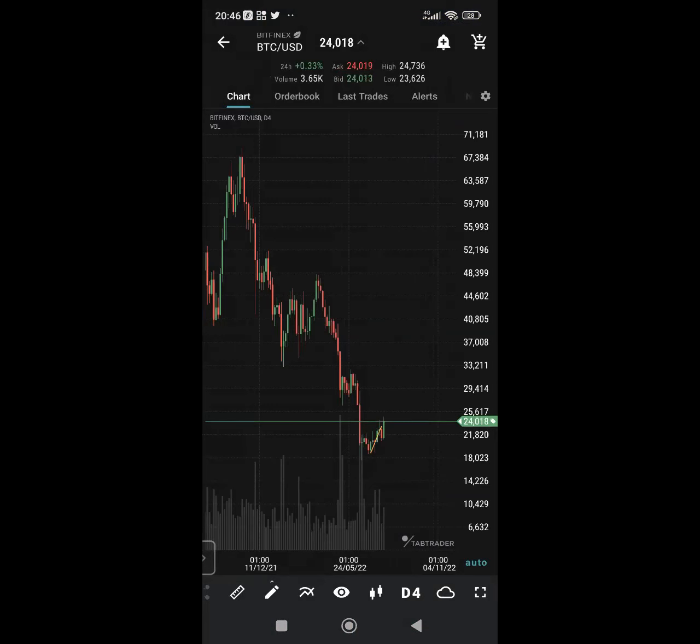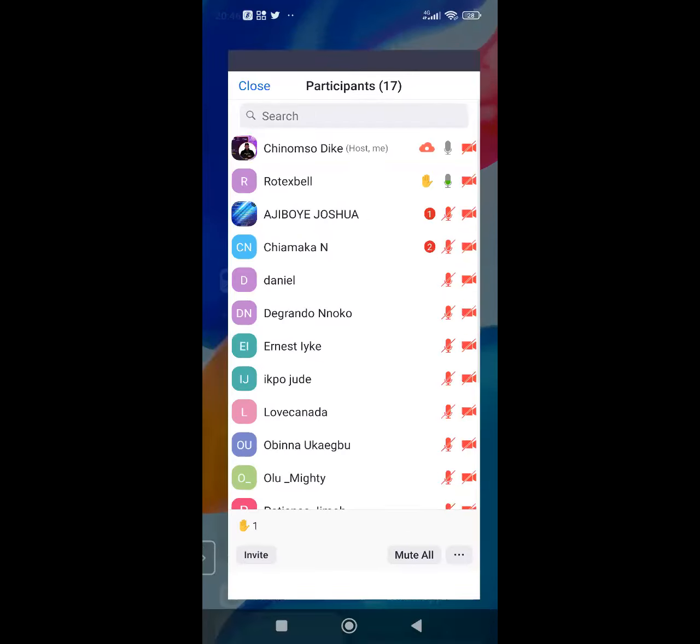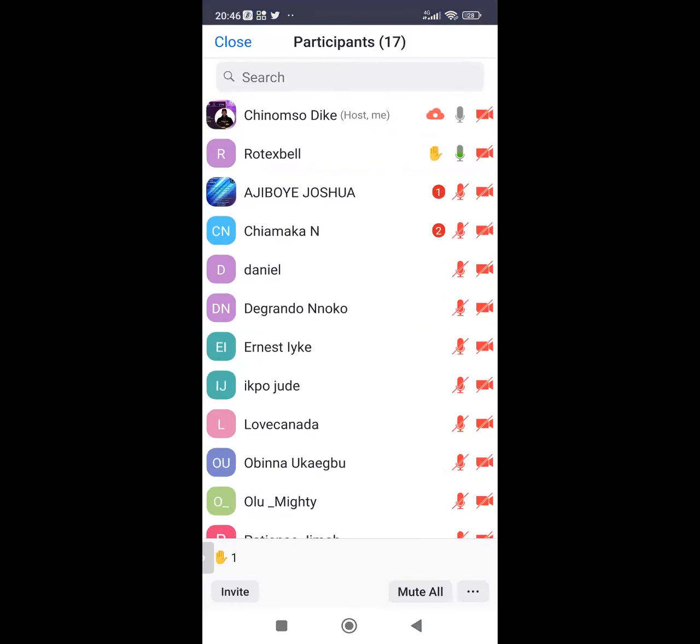And two, I don't want to be too forward, but in the course of our TA, our lecture will still get to the point where we'll be able to differentiate between a breakout and a fake out, how to identify it from the chart. Don't worry. This is like your introduction part of your TA.